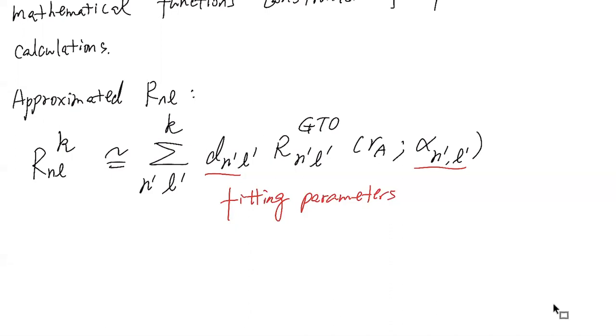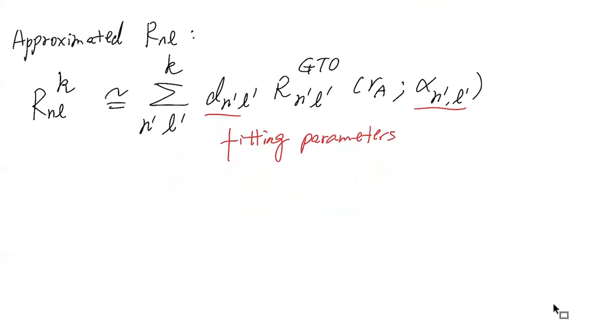All right. So usually what people did is, when they do this linear combination of Gaussian type orbitals, they do not fit the exact numerical solution of the many electron system, because at that time they have already done a lot of work on Slater type orbitals. So they have developed a set of high quality Slater type orbitals. So when they later do these GTOs, what they actually try to do is fit the STO.